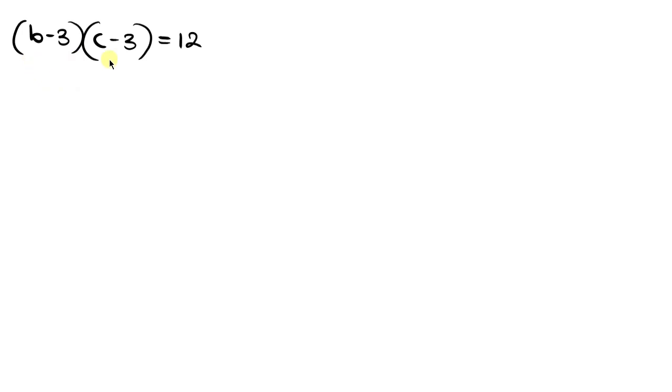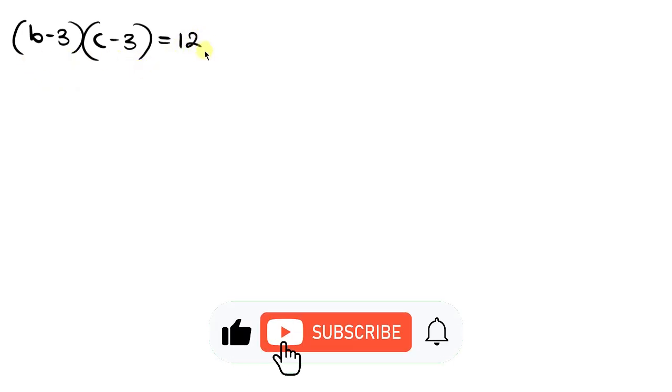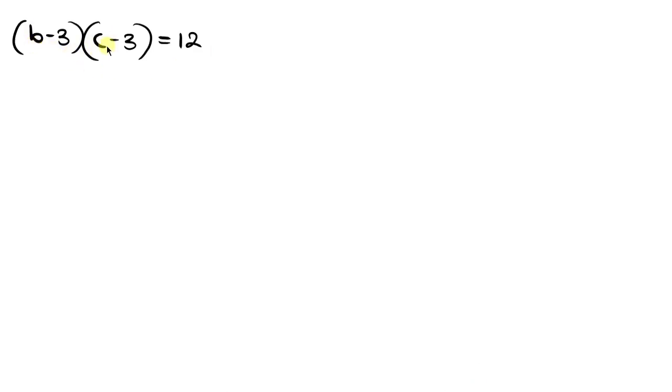So we have two factors multiplying to give 12. But recall that B is smaller than C. So our next step will be for us to write all the factors of 12. So we have B minus 3 times C minus 3. So this is equal to, since B is smaller, so it will be taking the smaller factor of 12.